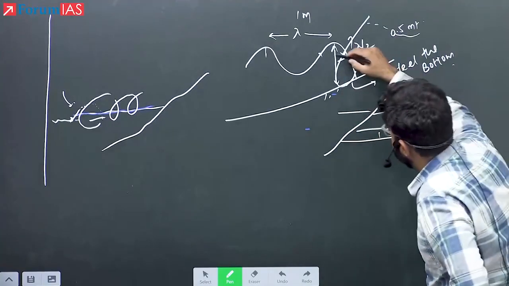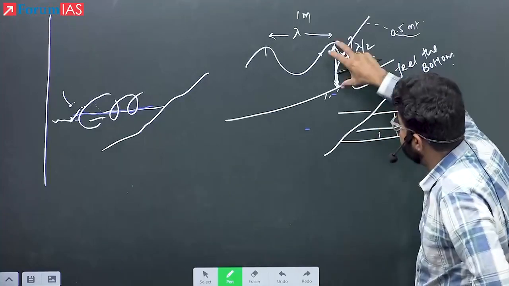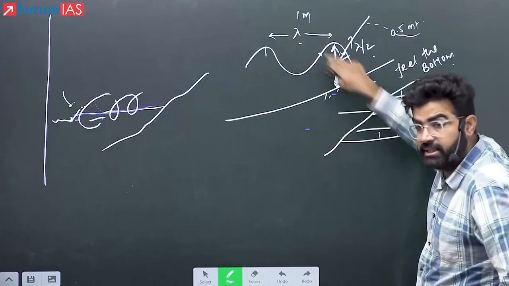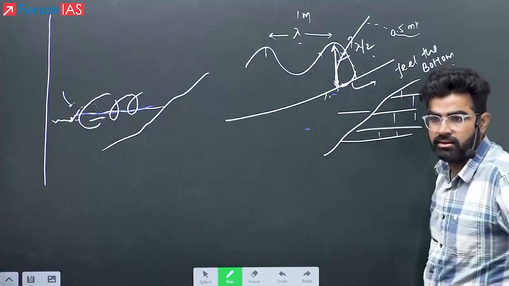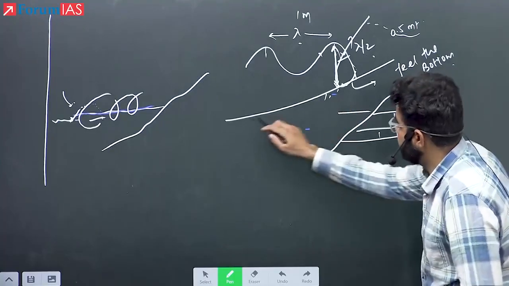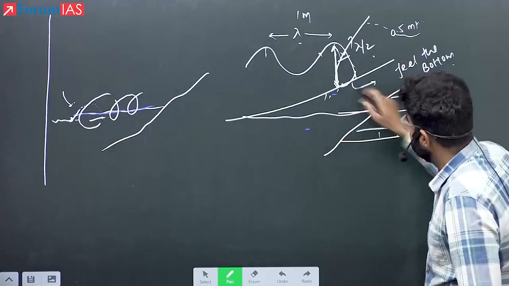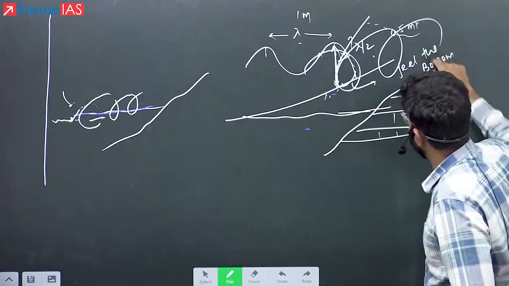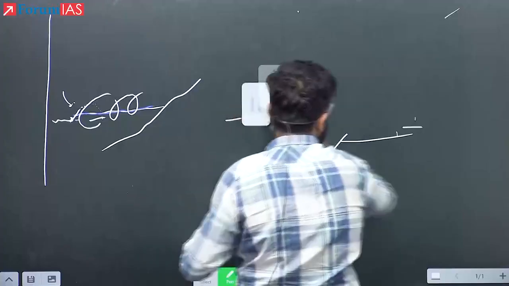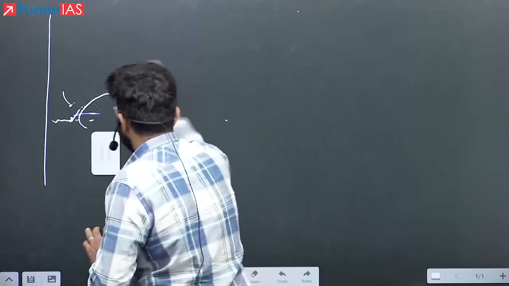Shallow means the depth is reducing, na? So I am saying if this depth is less than half of this distance, then the feel the bottom phenomenon will work and the wave will break. Okay? If it was not the shelf, let's say this was the condition, the wave would have continued going on. Okay? So what is there in the side note? Make this diagram.